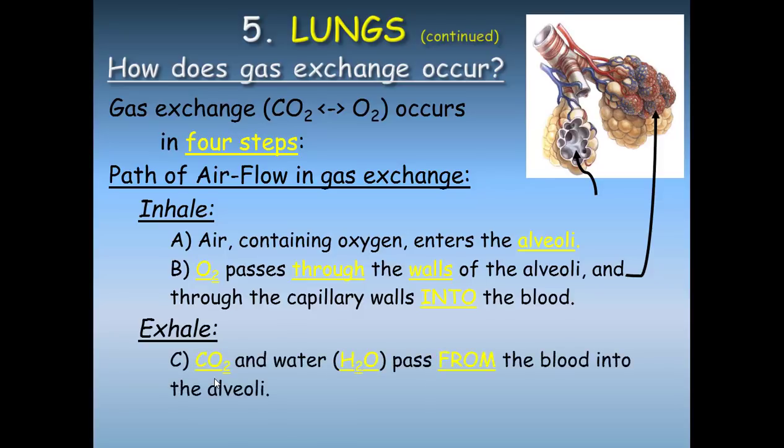Then carbon dioxide, CO2, and water are going to pass from the blood into the alveoli. And then CO2 and H2O are exhaled out of the body. That's the whole process of gas exchange. The oxygen comes in, the CO2 and H2O go out.